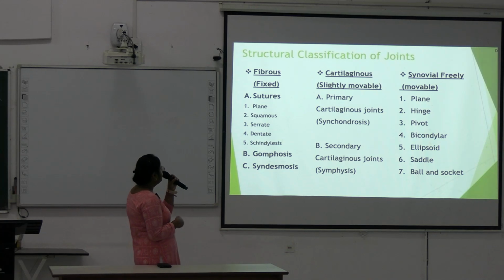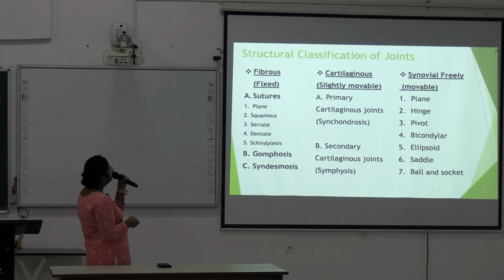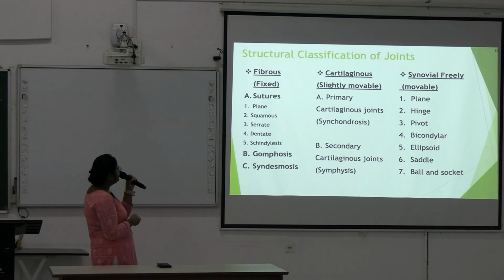Now we will divide these joints into further divisions. Fibrous joints are mainly of three types: sutures, gomphoses and syndesmosis. And sutures are again of five types: plain sutures, squamous sutures, serrate sutures and dentate sutures.